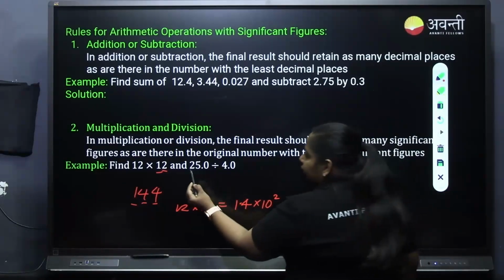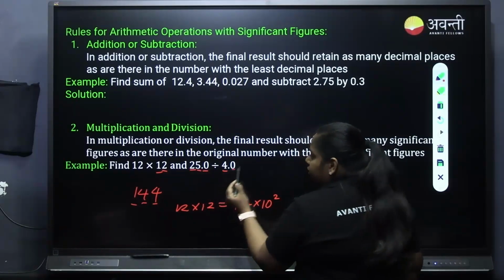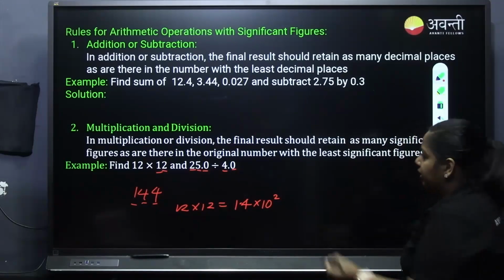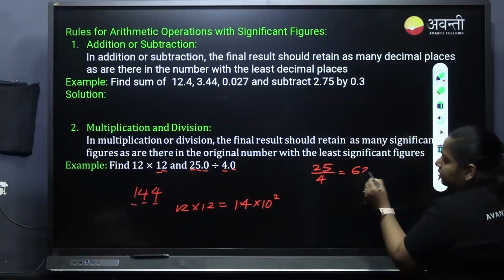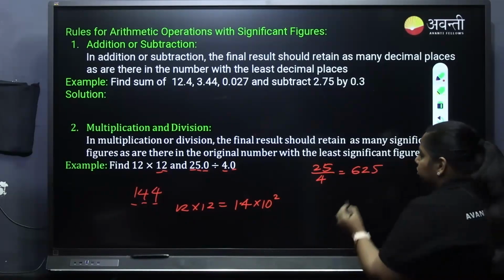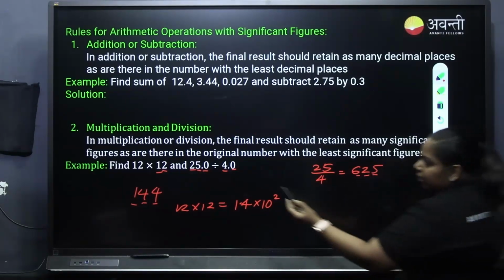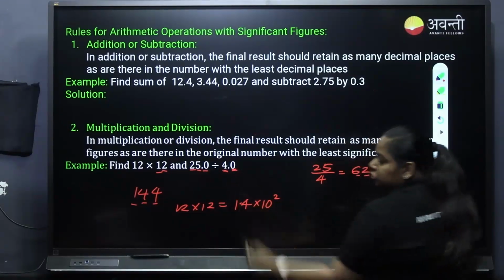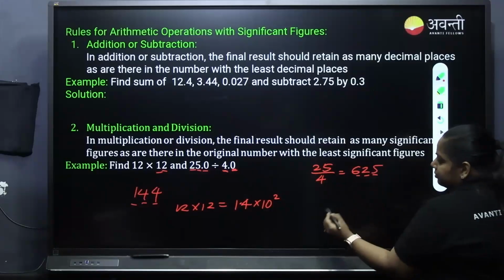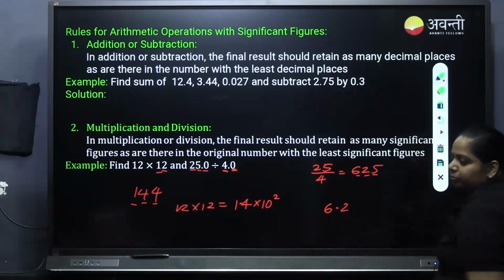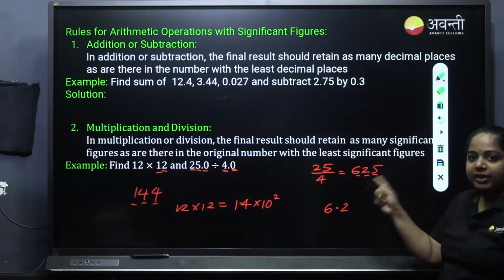Similarly, here 1, 2, 3 is there, 1, 2 is there. 25 by 4 is equal to 6.25. So here 3 significant digits are coming. The minimum is 2, so we should have only 2. So we have to write it as 6.2. Here we are leaving this 5.